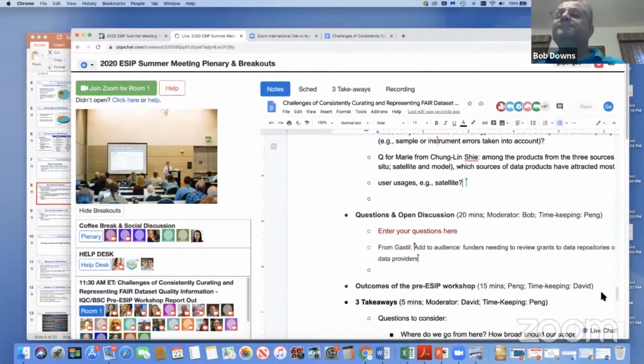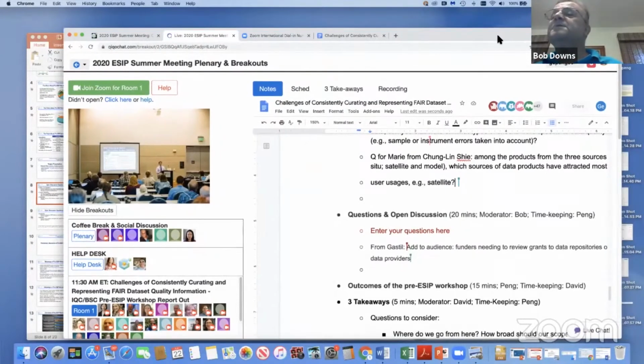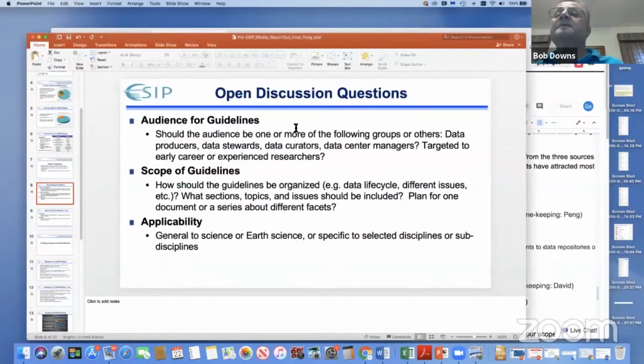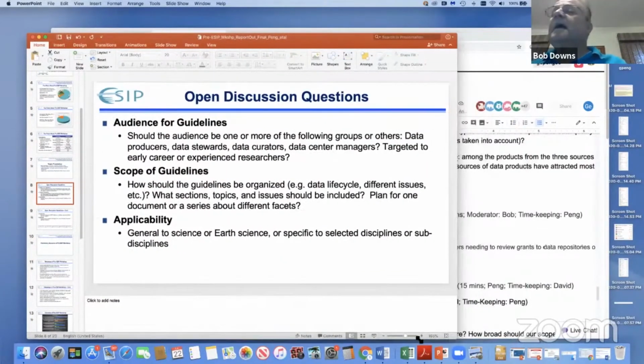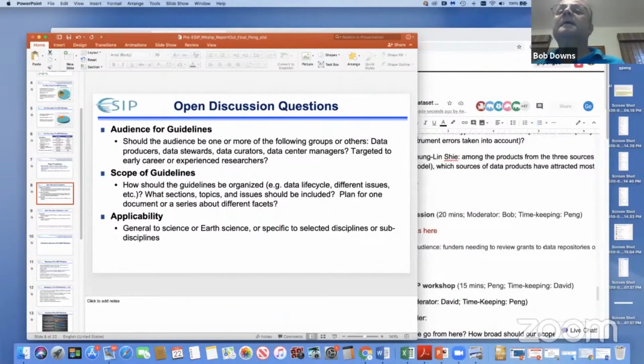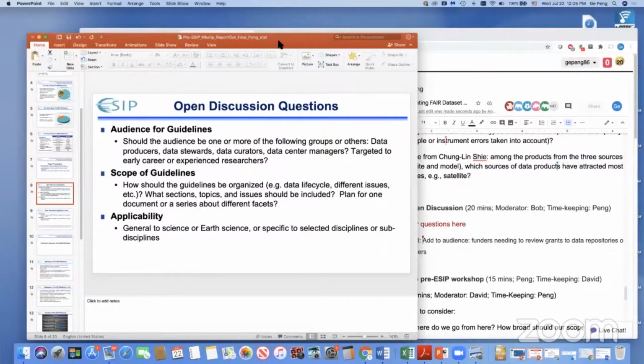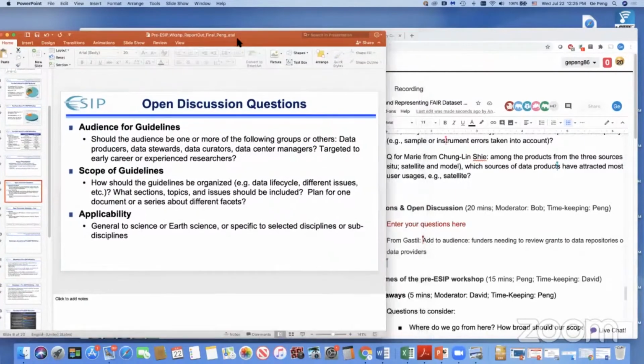And so I certainly think we should add that as well as Rama's suggestions. Any other thoughts on the audience? You can unmute yourself to speak or enter your comments in the notes.